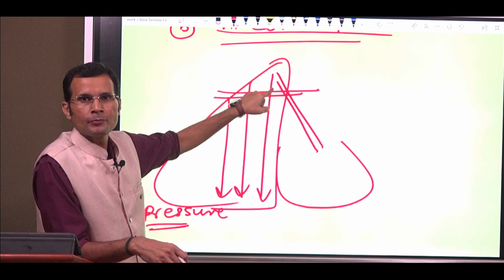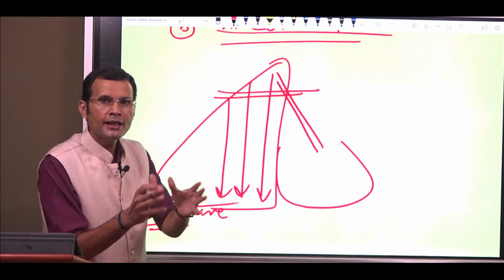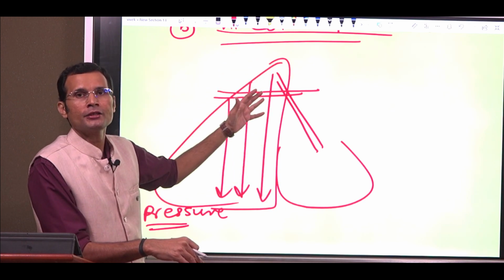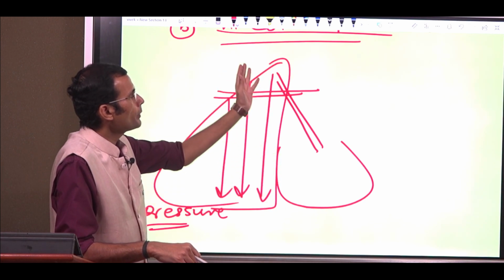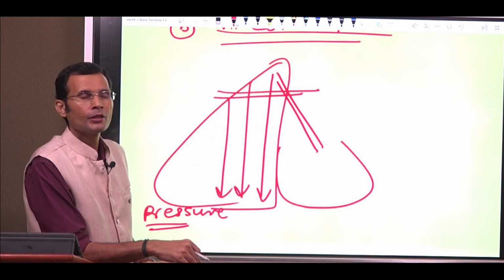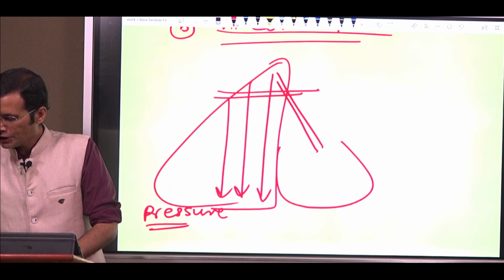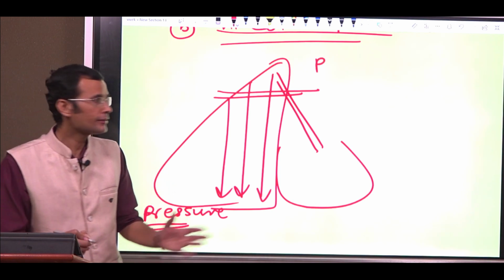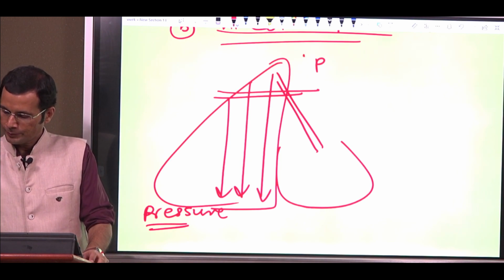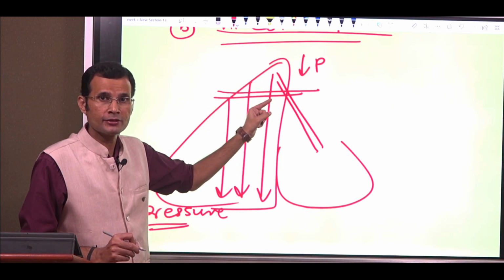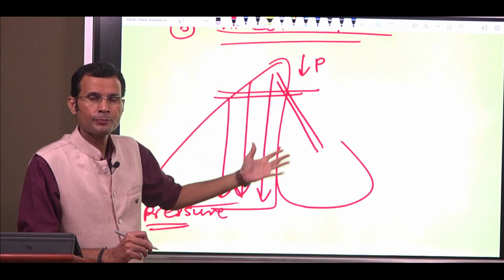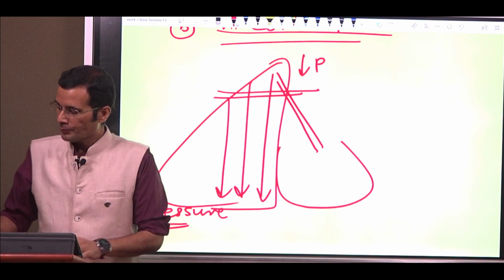The vessels are not like this, but just to simplify, toward the apex, you can see that the apex of the lung is above the level of the heart. Therefore the heart is pumping blood toward the apex, against gravity, and therefore the pressure in the pulmonary vessels at the apex will be less.